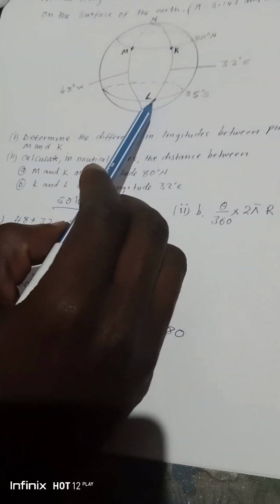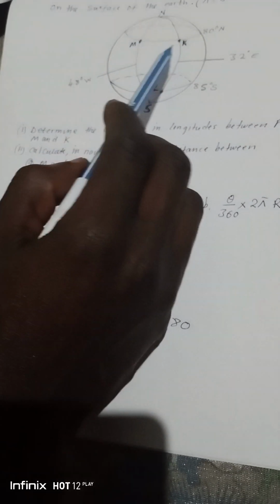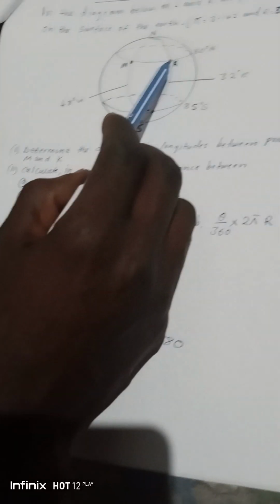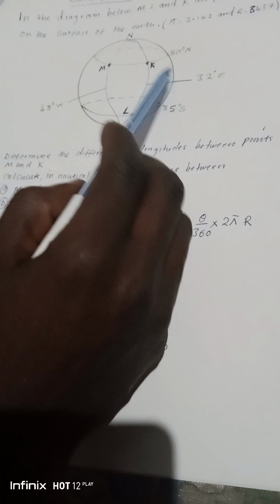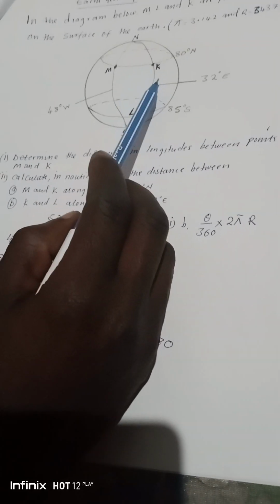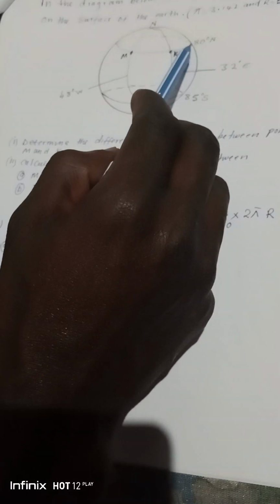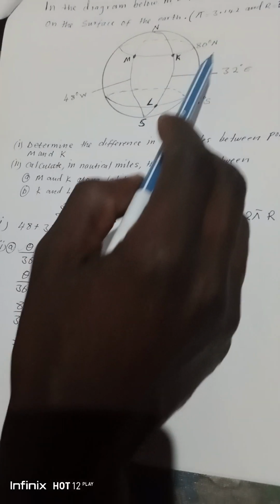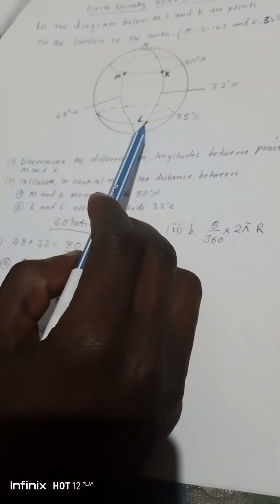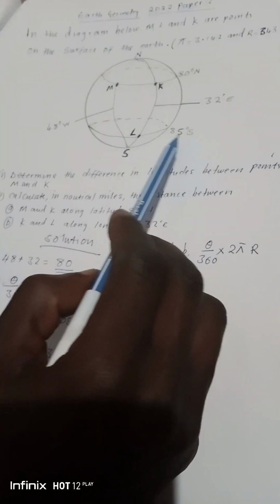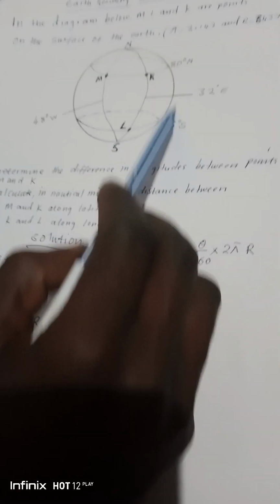Here we need to look for the difference that we are going to substitute where there is theta. Let's look at the points. This time we need to get the difference between the latitudes at which these points lie. The first one lies on 80 north. Then the other lies on 85 south.